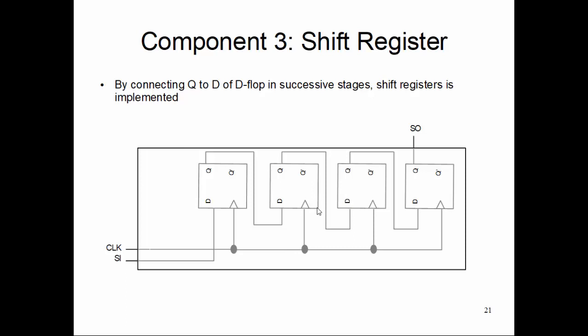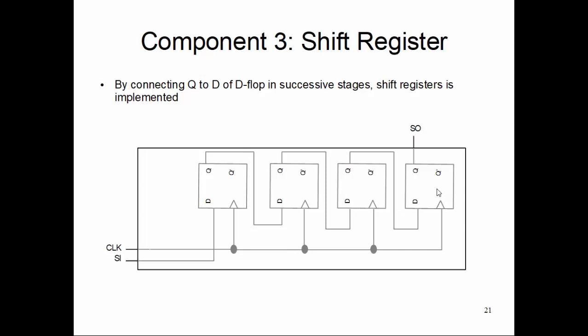It is feeding all the flip-flops, but scan in goes to the first stage, and then successive stages are connected in a daisy chain fashion. And the last stage flip-flop gives you the output as a scan out port.